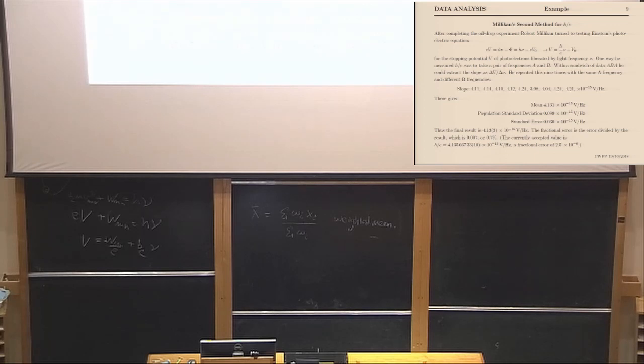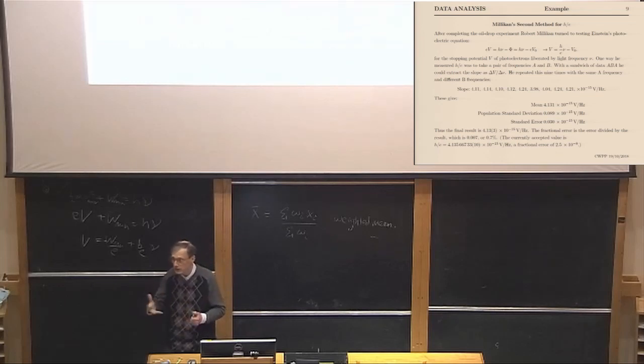Now, he was right that that was more accurate than the other method, and if you view it as a measurement for h over e, it's extremely accurate. It's slightly better than 1%, it's 0.7%, and it's absolutely spot on to the modern value. Of course, he thought he just measured e, and he viewed this as a measurement of h. That was a bad move, because, of course, he got the wrong answer for e, as we'd discussed last week, and therefore he'd also got the wrong answer for h.